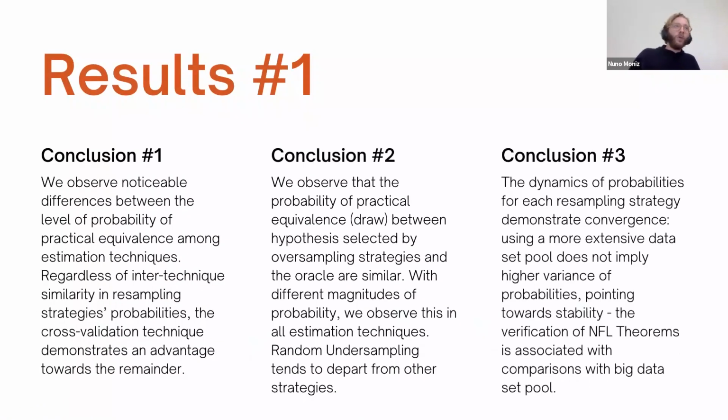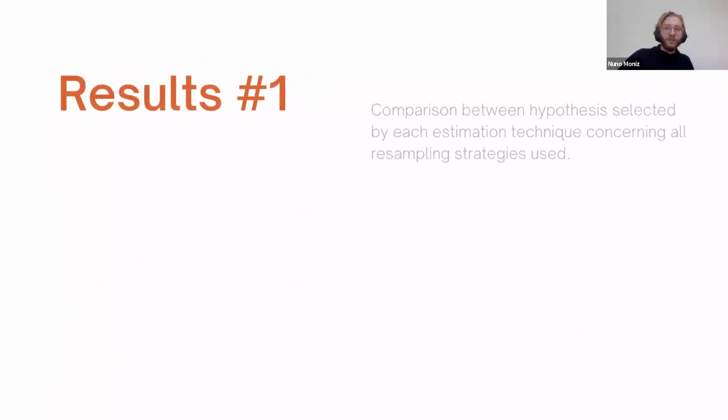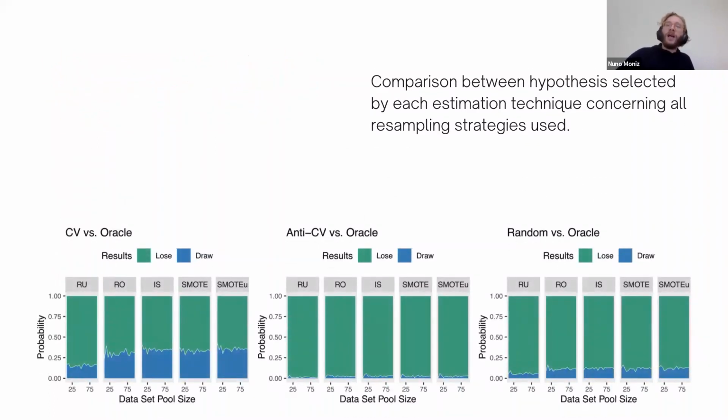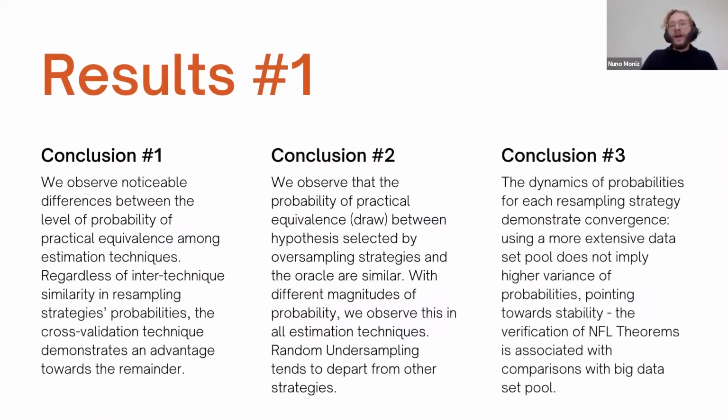But what we observed is that there are noticeable differences between the probability of practical equivalence, which is this blue part, and like of drawing, among estimation techniques. So they are very different, and this goes against the no-free-lunch theorems.